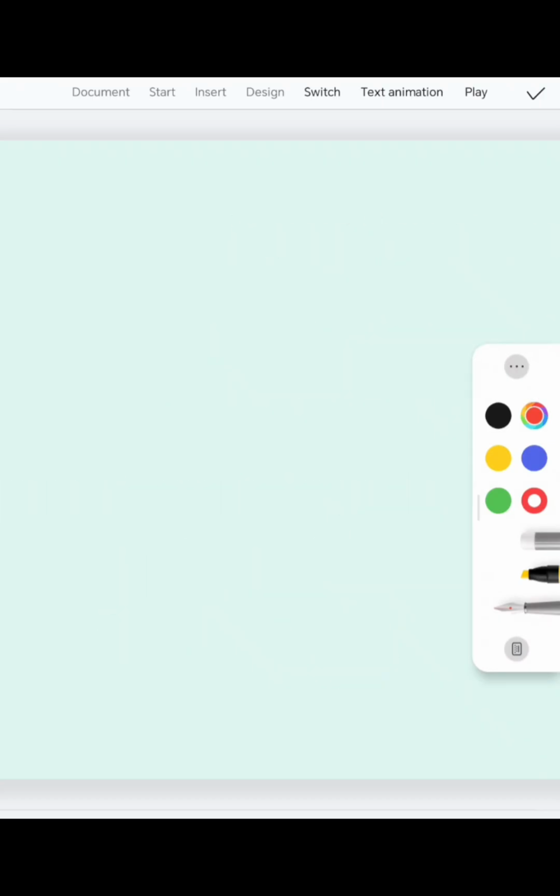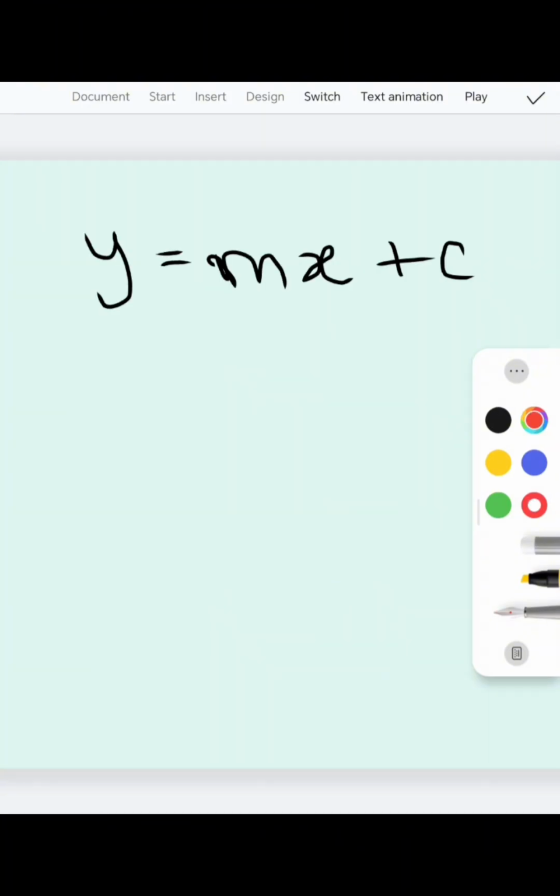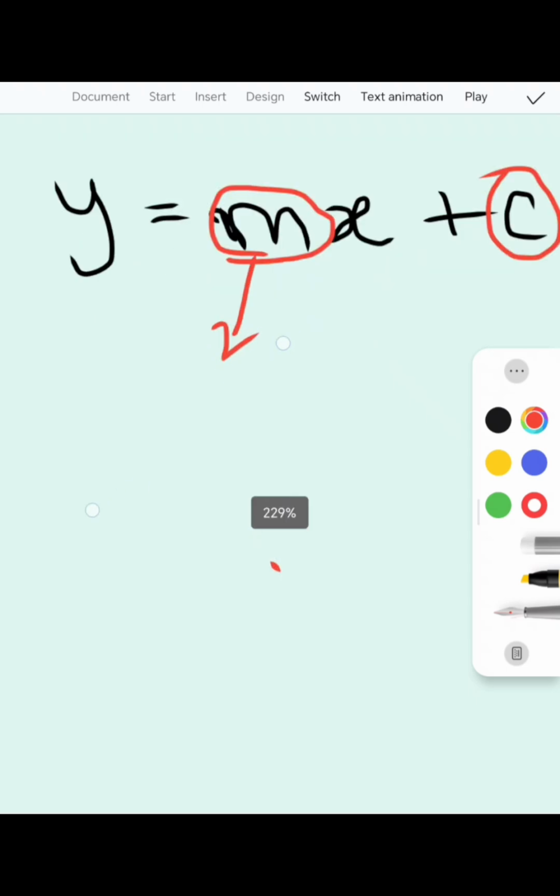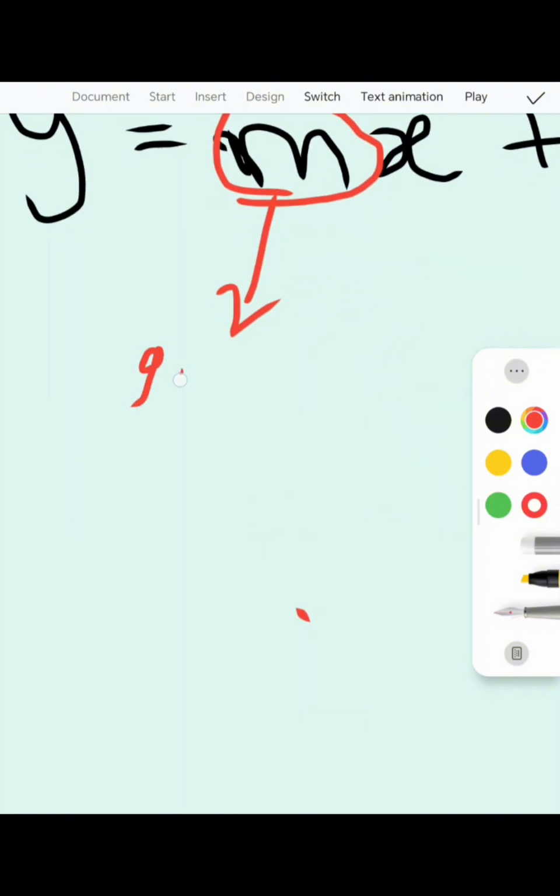Now, what is M and what is C? Okay, it's not a problem. Let me explain. When I'm talking about my M, I'm talking about my gradient. Now, what is the gradient doing in my formula? Why do they include things that are complicating? No, it's not complicating.